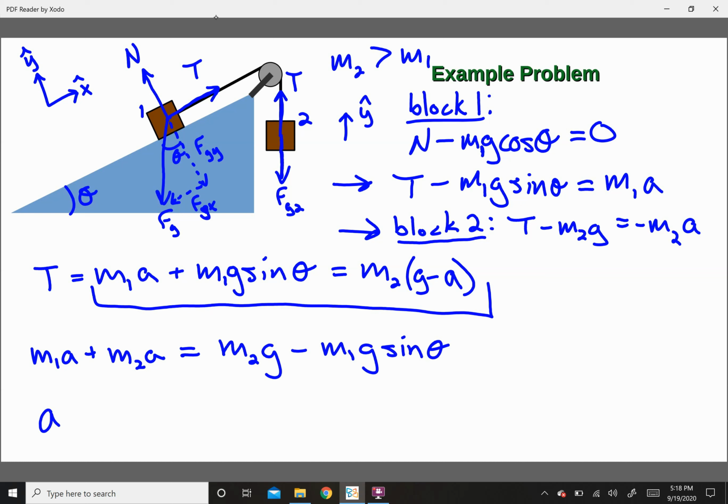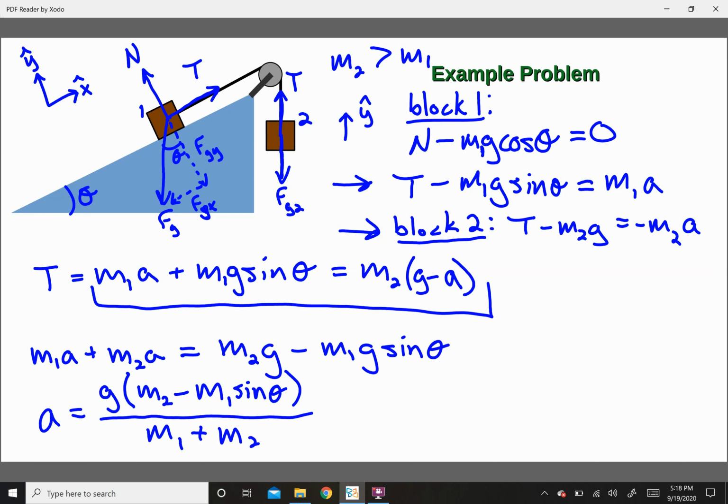And so then a equals g times (m2 minus m1 sine theta) over (m1 plus m2).